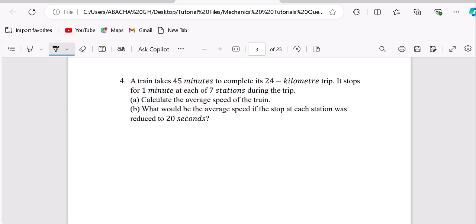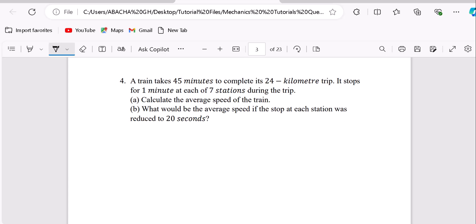They are saying that a train takes 45 minutes to complete its 24-kilometer trip. It stops for 1 minute at each of 7 stations during the trip. For questions of this nature, I advise that you convert everything into meters per second and solve.